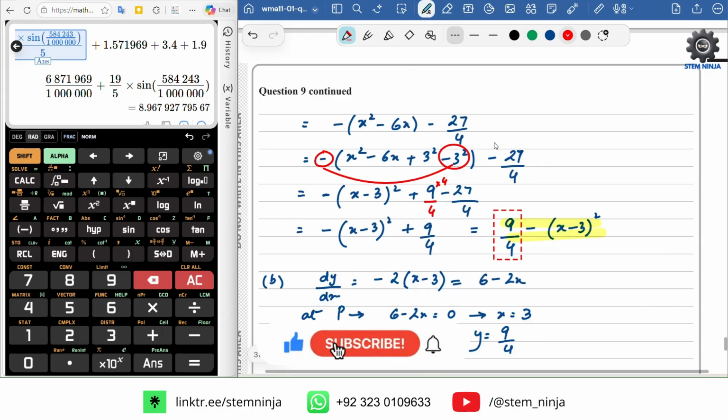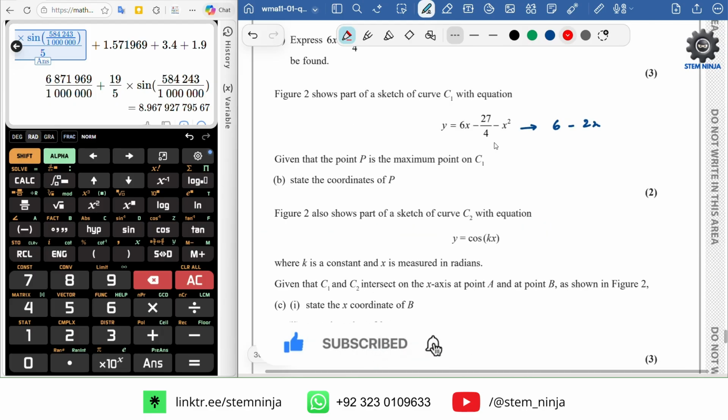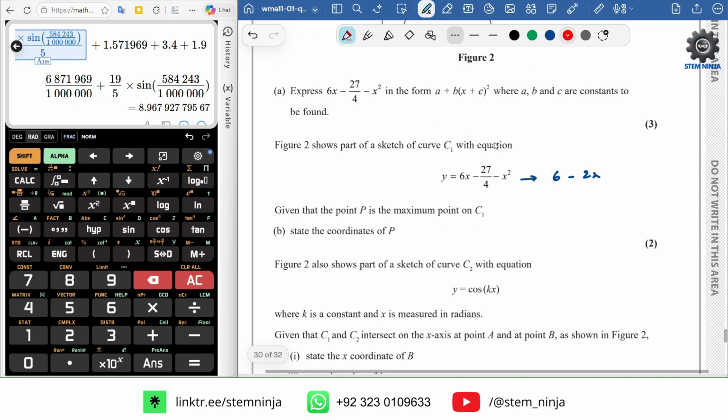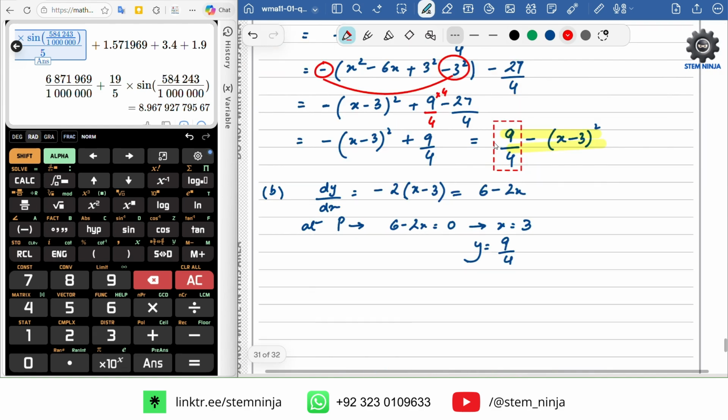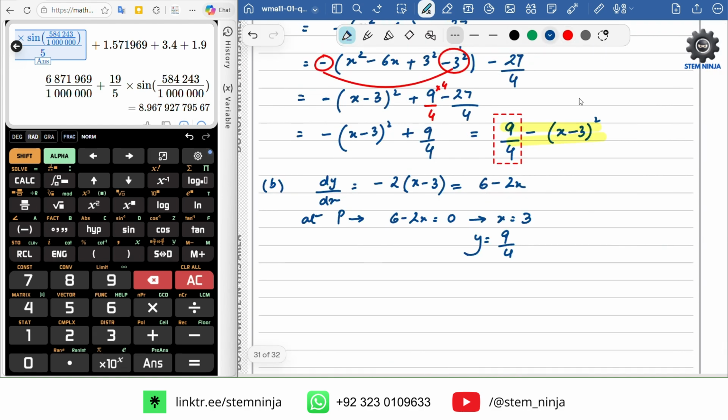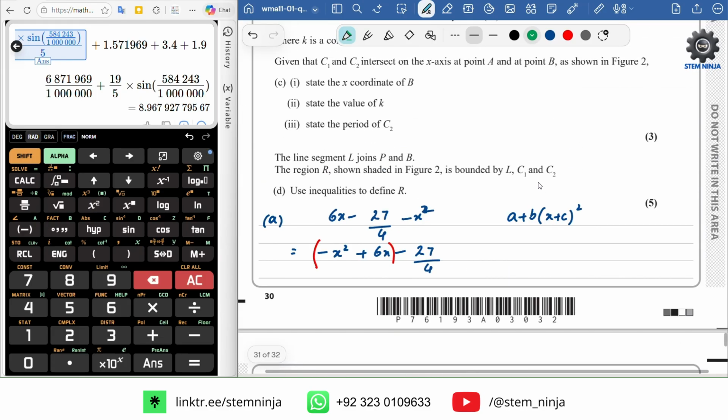Actually, we did not need to use that. Oh sorry, I forgot that we had already done the completing the square. So the coordinates were staring us right in our face. Okay, so this is the coordinate. So 3 and 9/4. Okay, so actually we did not need that. We could have just stated that from over there.